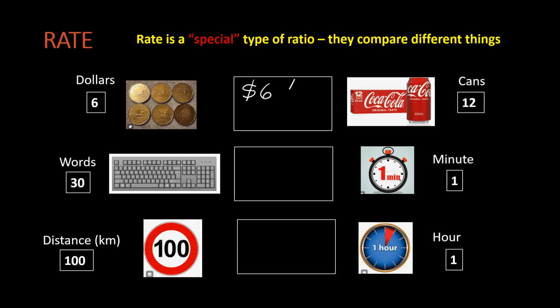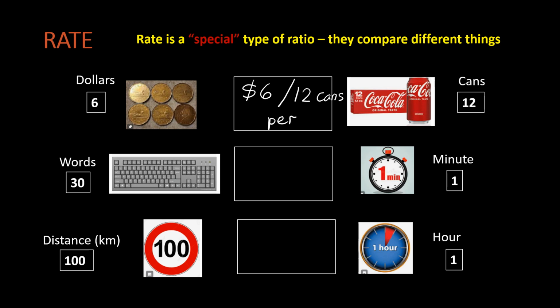And we put a slash and 12 cans. Now we would say this symbol has per. So it's $6 per 12 cans.